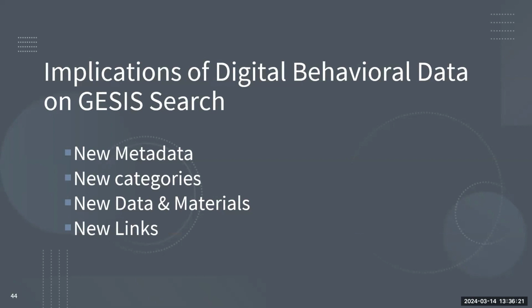New and bigger data also needs to be understood and downloaded by the users, so this might also be a change for GESIS search. And we want to keep the links between new and old data, between methods for processing, publications which come out of that, and so on.